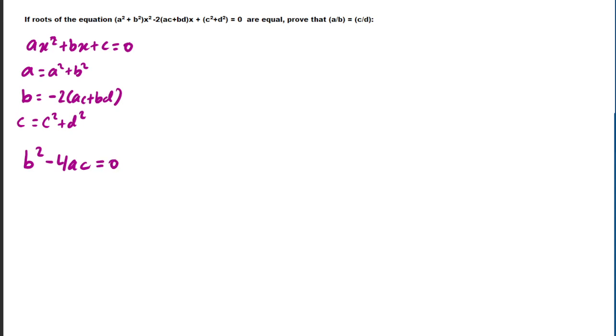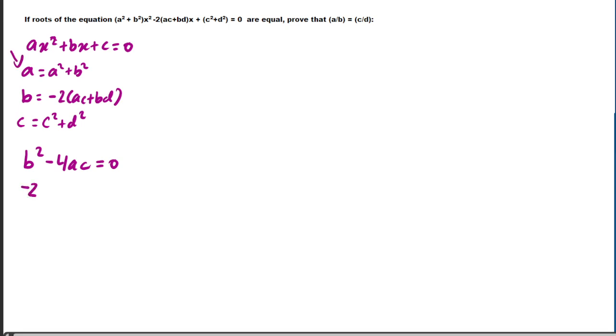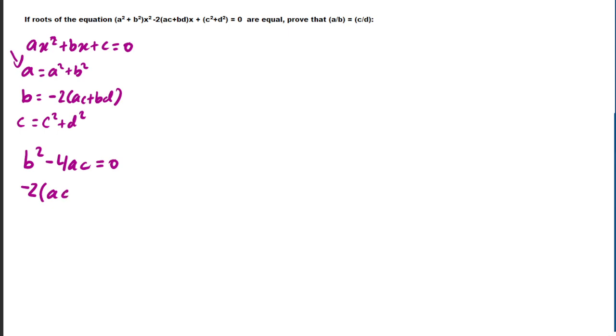If we sub in our a and b values found right here, we get minus 2(ac plus bd) whole squared minus 4(a squared plus b squared)(c squared plus d squared) should equal 0.